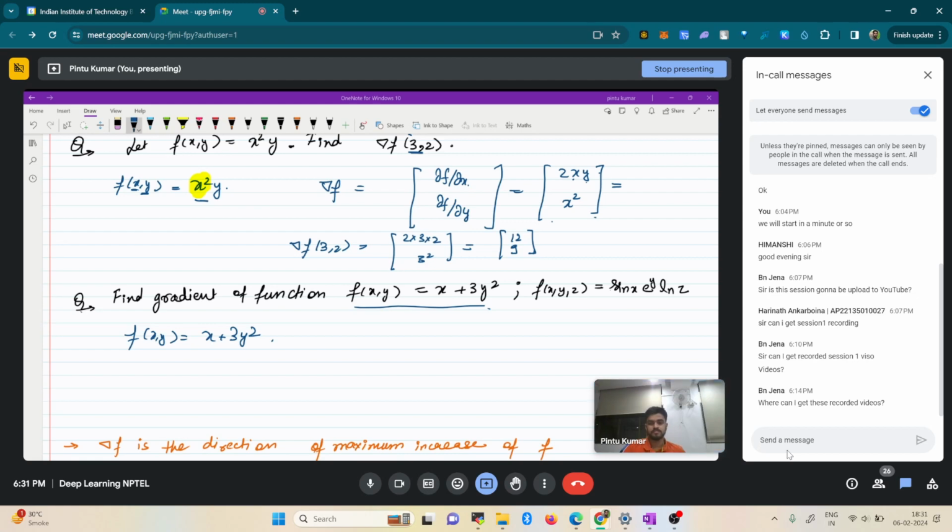Right now we don't have to calculate at some point, but we want a generic form for the gradient.